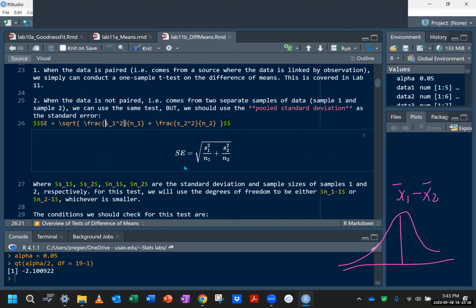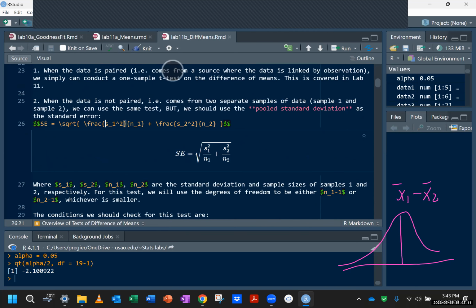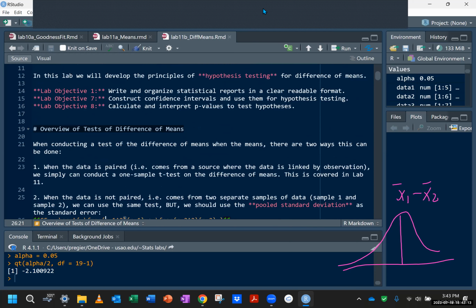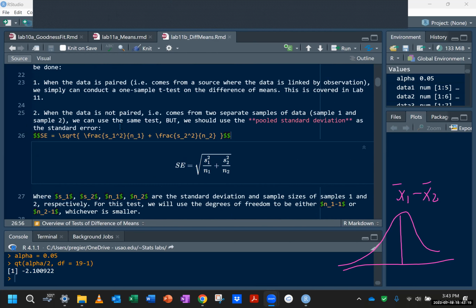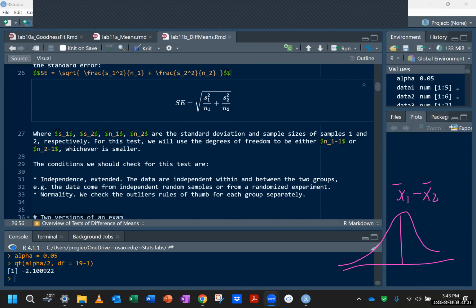So we're assuming what we observed comes from this. This describes my sampling distribution. I already talked about what these values are, the standard deviations and the sample sizes. And for this test, we use the degrees of freedom, which is N1 minus 1 or N2 minus 1, whichever is smaller, for our t-test score.